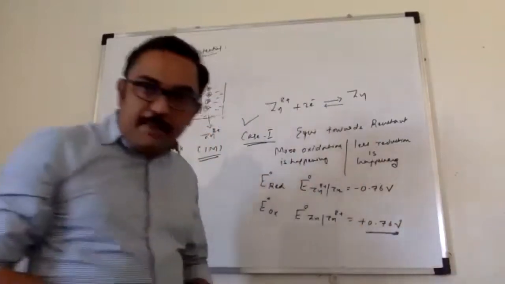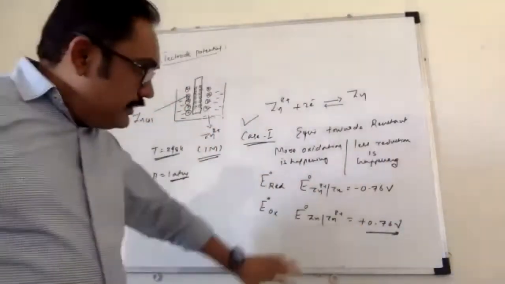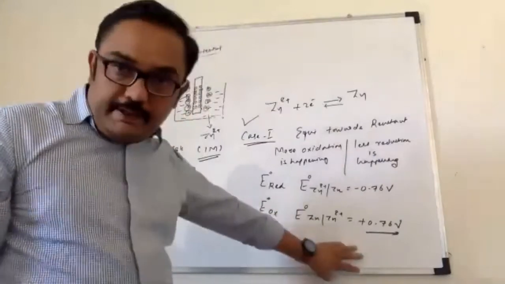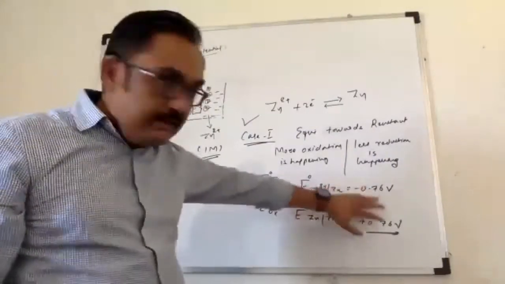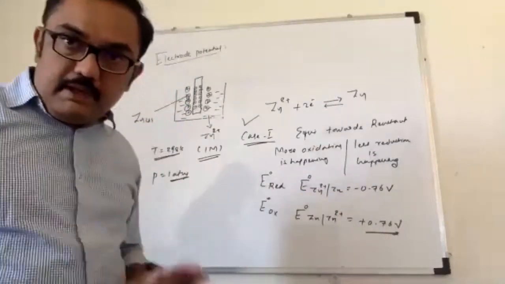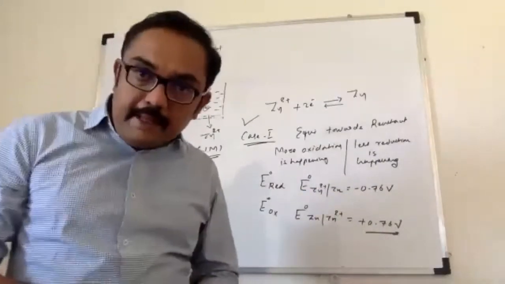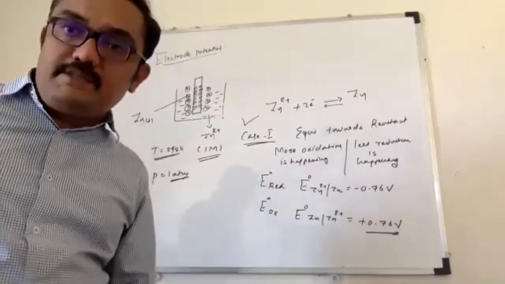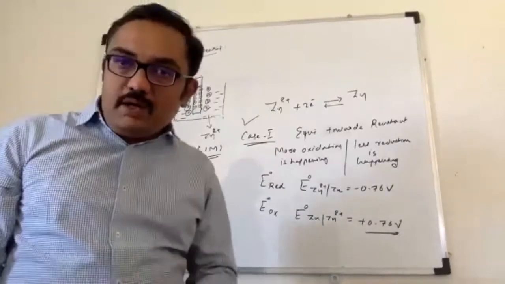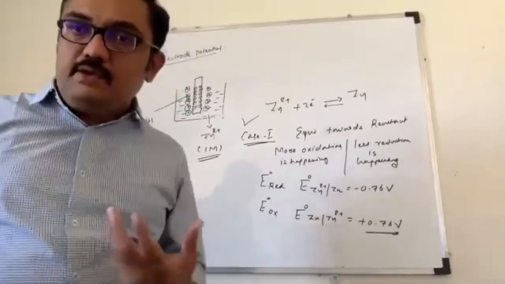So when I talk about oxidation, it is positive. When I talk about reduction potential, Zn is negative. Now in your book, mainly we will talk only about reduction potential, because you can talk about tendency to gain or tendency to lose.